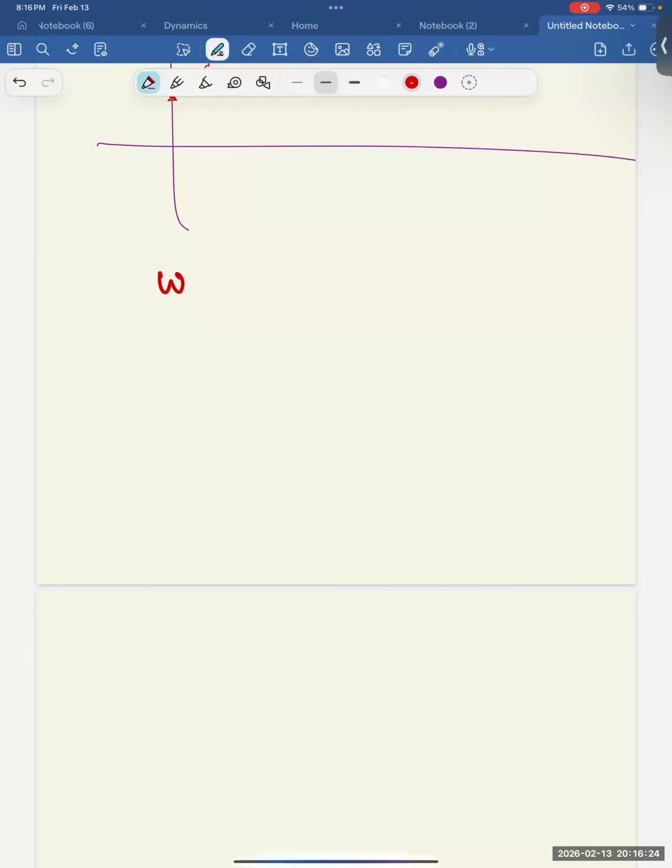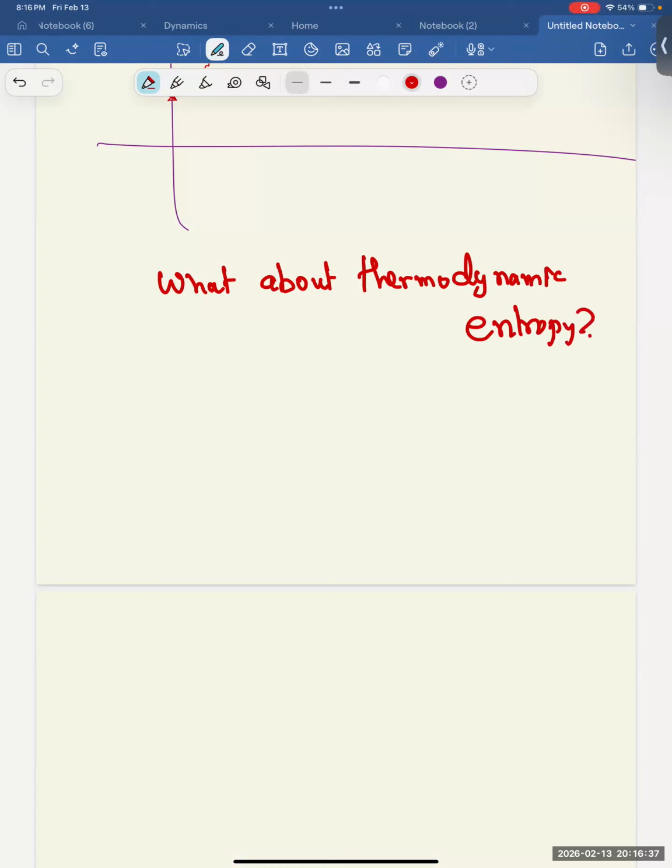The only thing is, what about thermodynamic entropy? Let's call it S thermo.